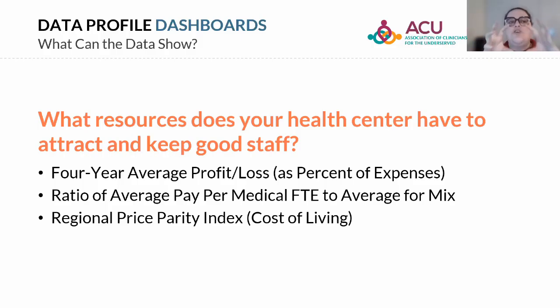We really wanted to drill down into these pieces to get a better sense of, are the resources there to attract and keep good staff? And if not, it will give you that data to go back and say, okay, where can we make these adjustments? Where can we invest our time and our efforts in the most efficient way, but also in a sustainable way to move forward and support the workforce?